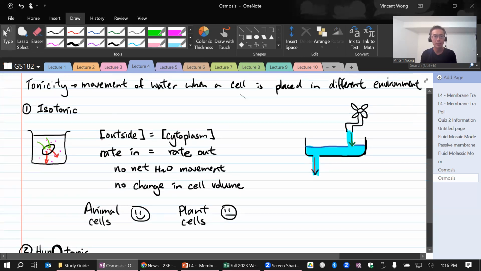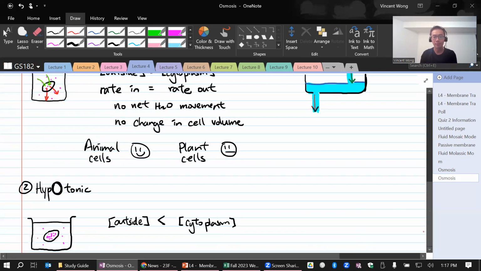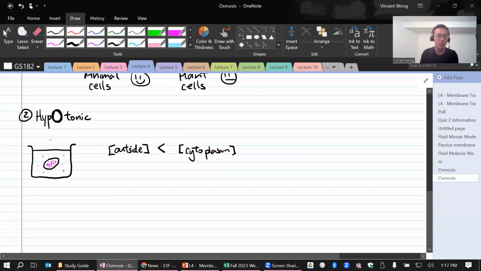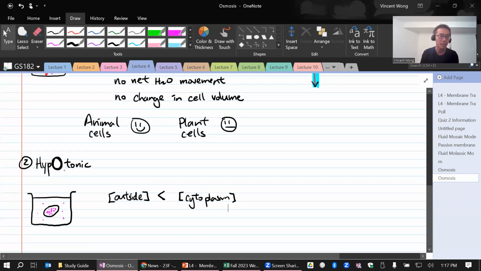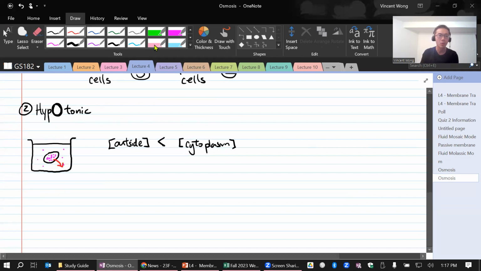Okay, let's go back here and see what it says. Water will always move towards the more concentrated side. Into the cell, that's right. So over here, you will still have water leaving. Some water will leave, but the point is there will be more coming in.